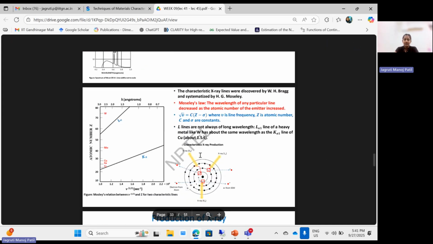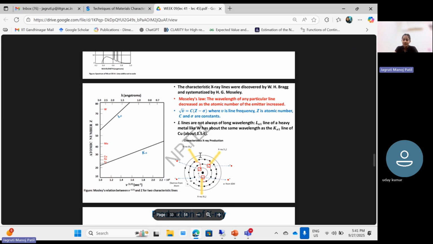Okay, so then comes Moseley's law. What does Moseley say? The characteristic X-ray lines, which were discovered by Bragg, were systematized later by Moseley. The law tells us that the wavelength of any particular line decreases as the atomic number of the emitter increases.